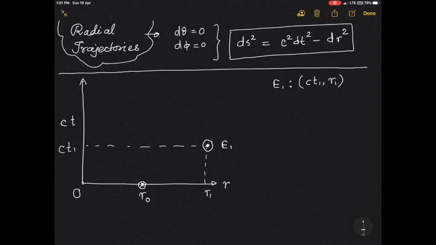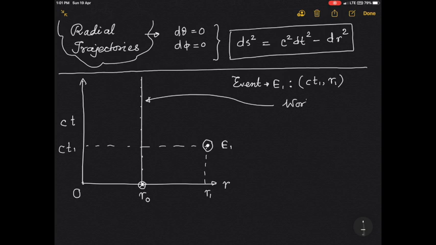And if the particle doesn't move, the particle stays at r0 as time progresses. At other times the particle will be found somewhere there, where the spatial coordinate r0 doesn't change but the vertical time coordinate changes. So this is a line over which all the events corresponding to that particle kept at r0 will happen.